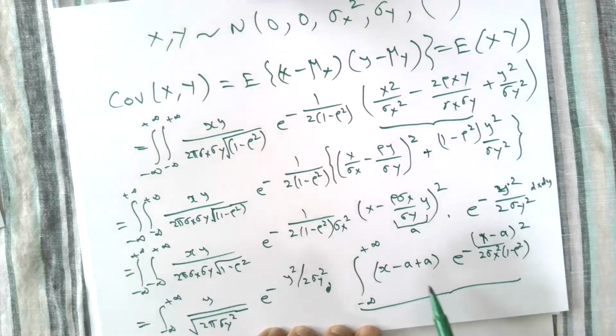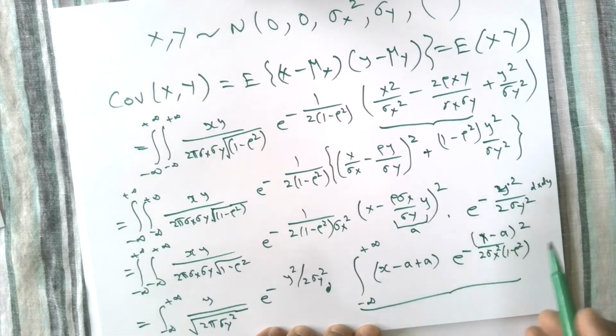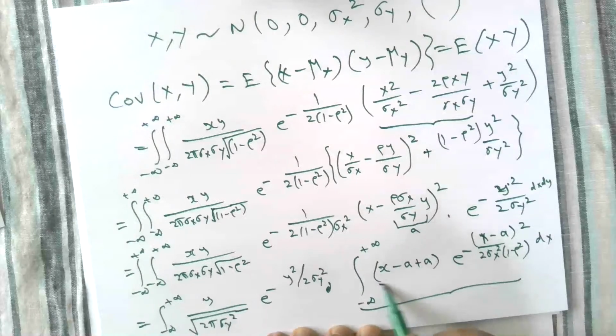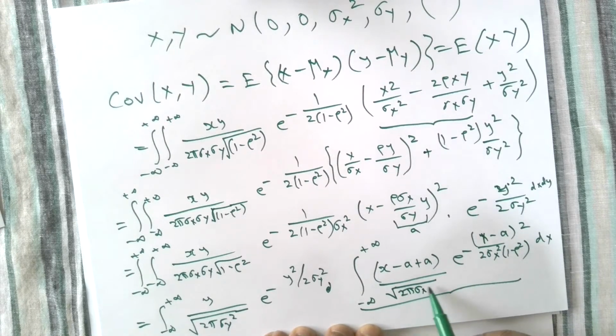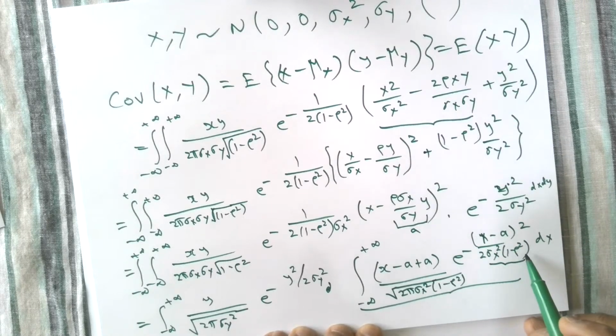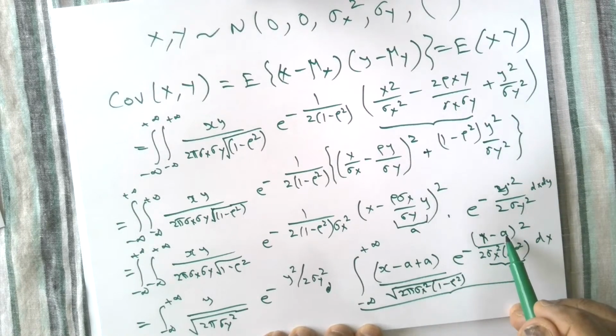Notice that this answer is very easy because x minus a multiplied by this density function, divided by the constant 2 pi sigma x squared multiplied by 1 minus rho squared, is a random variable x with variance sigma x squared multiplied by 1 minus rho squared and mean equal to a.